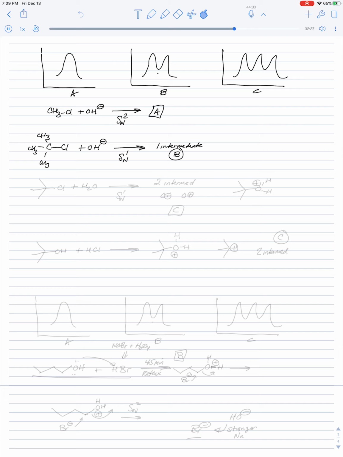Is SN1 always going to have just one intermediate? Well, let's do the next problem and see. Now I change it to tertiary chloride and water. This is the mechanism SN1.